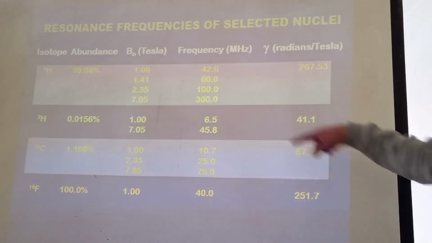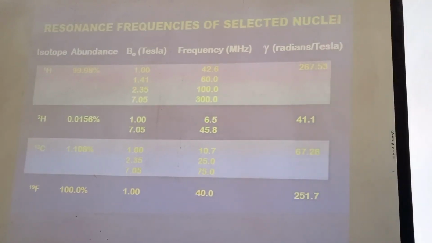Second difference is in their Larmor frequency. If you compare the Larmor frequencies of proton and carbon-13, you will see that proton has a Larmor frequency almost 4 times greater than that of carbon-13, right?